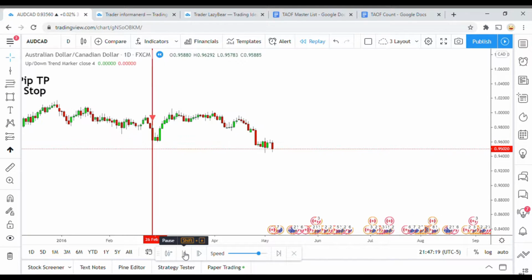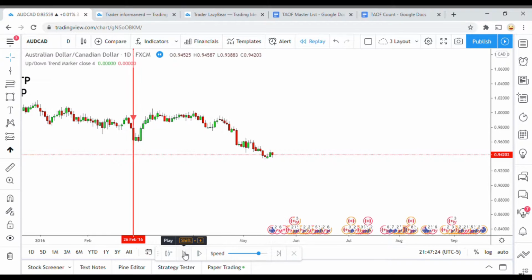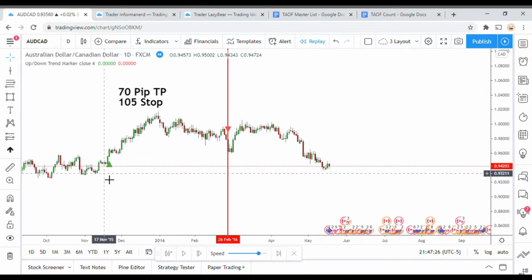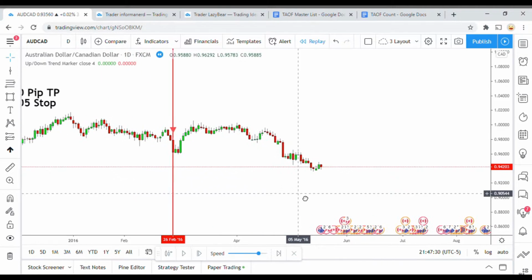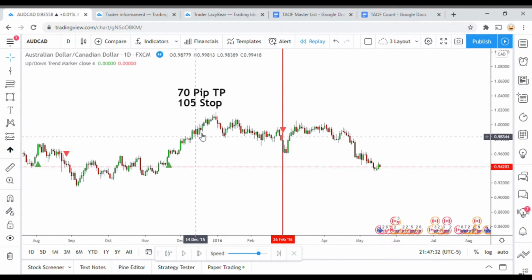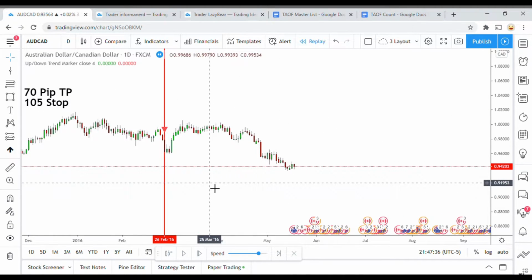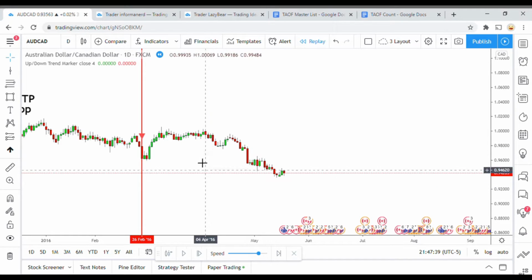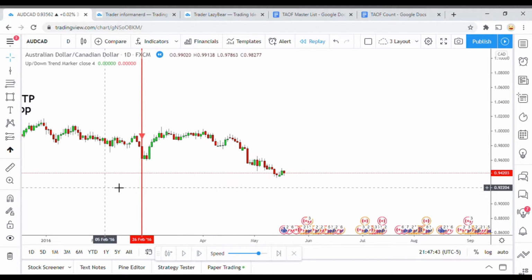So they finally spiked it to the downside a little bit more there, and a little bit more. At this point, we've had a pretty significant push to the downside. And anytime you get an extended push one direction or another, you can start to look for signs of that move weakening.